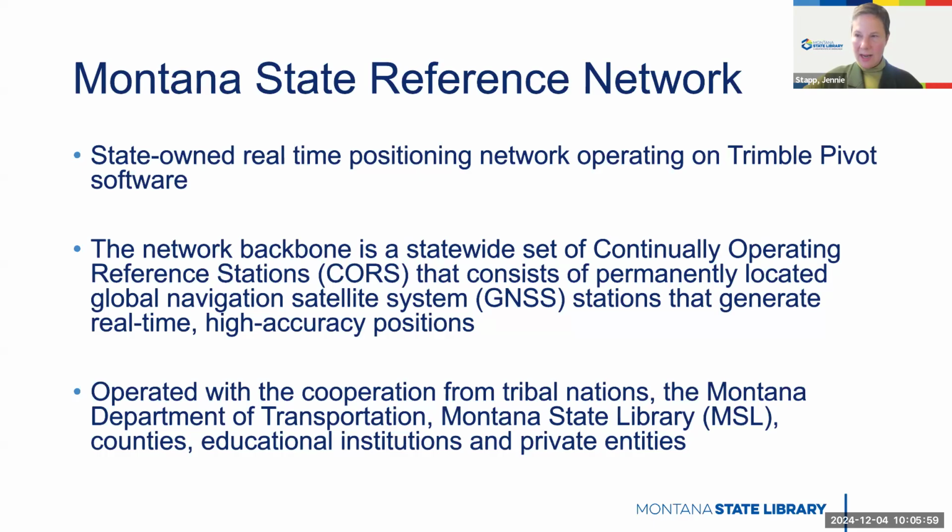It's owned by the state of Montana. The Montana State Library is a state agency under the governor's office in the executive branch. We have partnered with Montana tribes, the Montana Department of Transportation, Montana counties, educational institutions, and other private entities to support the stations and bring the network to you.